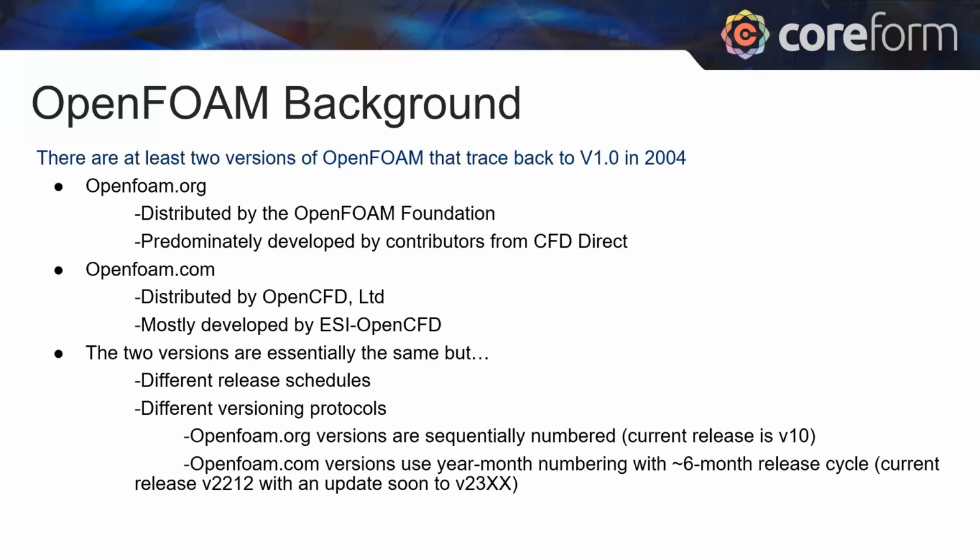So the current release right now is version 2212. That means that it was released back in December of last year. There should be an update coming soon, and the version number would be version 2306, preferably if they get it out by the end of this month, or whatever month they actually release it.